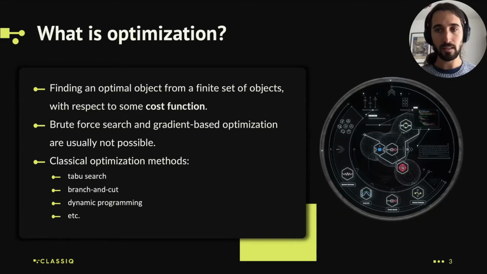So the main classical schemes are the following. We can do tabu search, branch and cut, dynamic programming. Overall, it's all kind of smart heuristics on the brute force, how and where we're going to find the best solution.